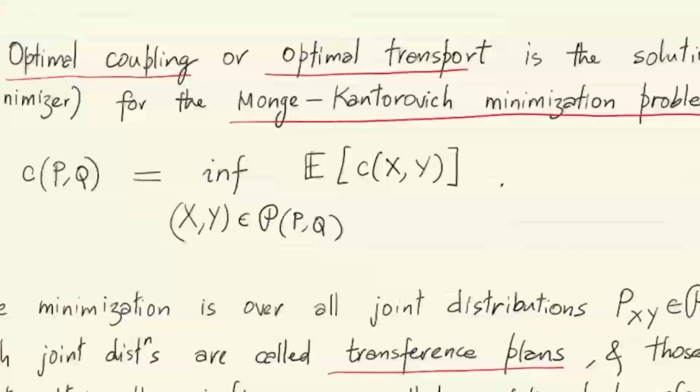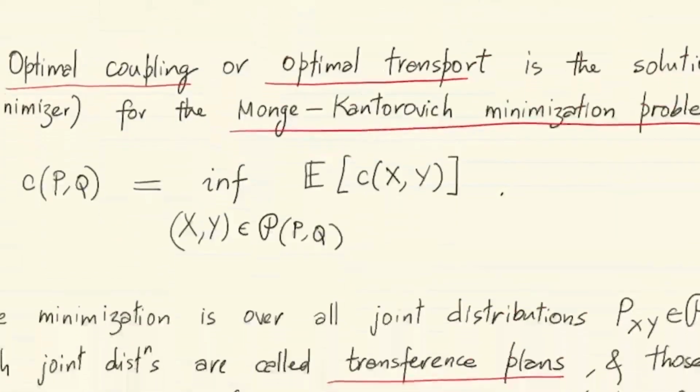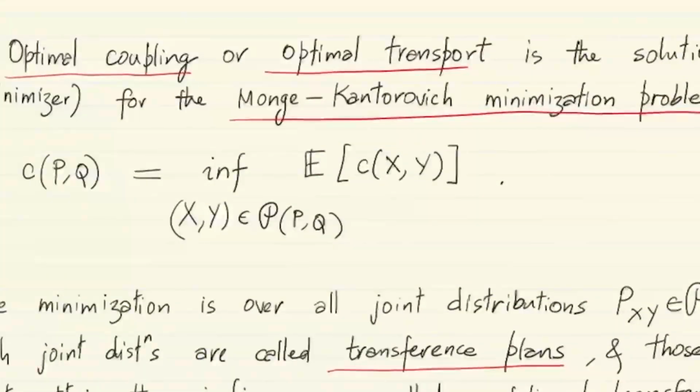So optimal coupling or optimal transport is the solution or minimizer for what is called the Monge-Kantorovich minimization problem, which is a very general problem defined in general probability spaces. So, if one is given two measures P and Q, C(P, Q) is defined to be the minimum, or more generally the infimum, of the expected value of C(x, y).